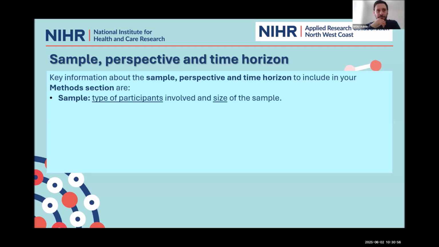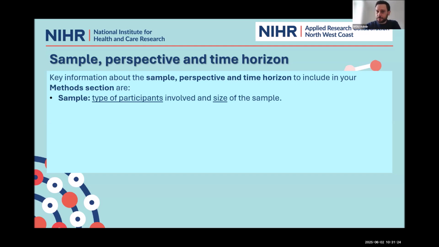So if you're looking at, for example, a population of stroke survivors, the sample might include stroke survivors with, for example, mild mobility problems or with mental health needs, or there might be some inclusion criteria regarding age, okay? So in a way, the sample will specify even more the type of population that is going to be investigated in that particular study.